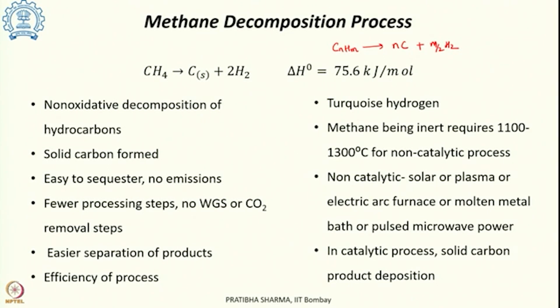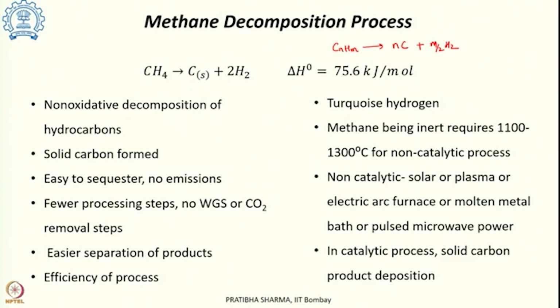The number of steps involved is less because we do not require a water gas shift or carbon dioxide removal step in the process. Since one product is gaseous and another is solid, it is easier to separate.